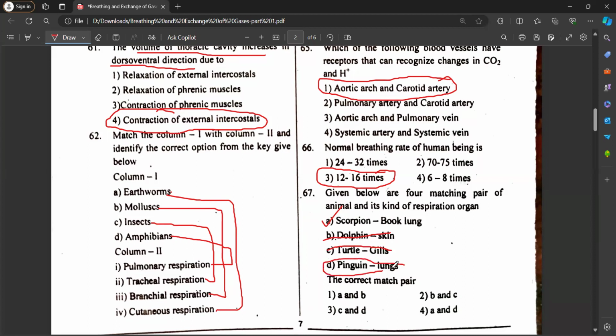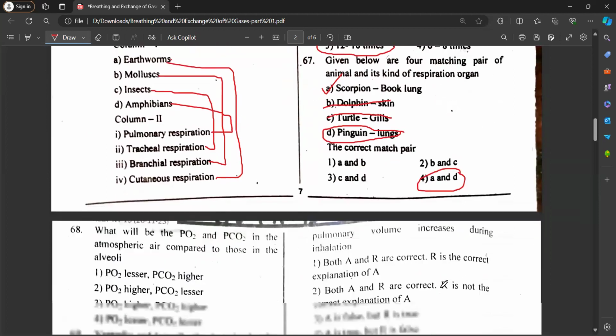Penguin comes under aves. So A and D. Scorpion book lungs, correct. Penguin lungs, right. So the fourth option is the right one.